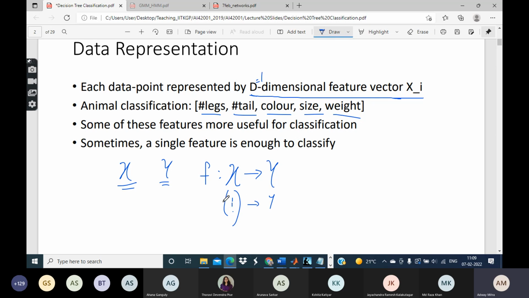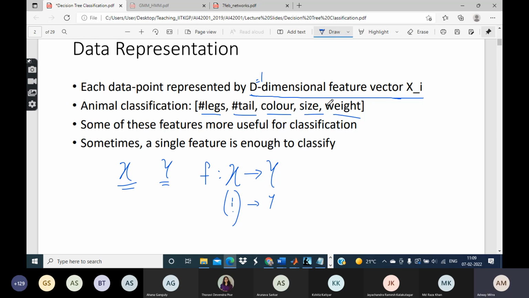When a testing animal comes in, you will measure these 5 things of that test animal, compare them to the corresponding features of the different animals, identify the k nearest neighbors, take a vote of their labels, and accordingly decide the label of the animal.